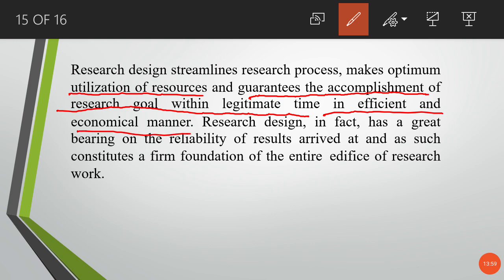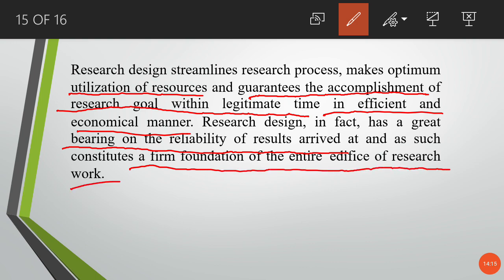Research design, in fact, has a great bearing on the reliability of results arrived at and as such constitutes a firm foundation of the entire edifice of research work.